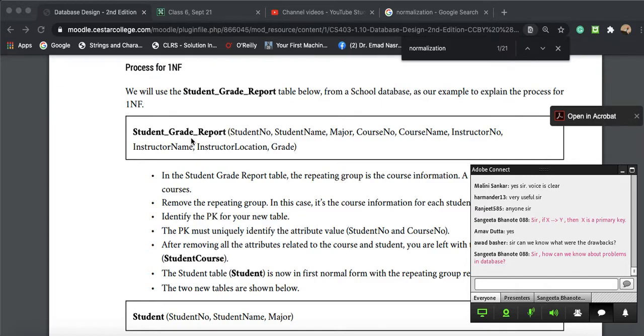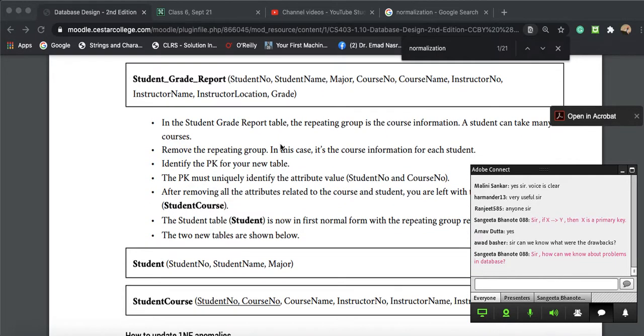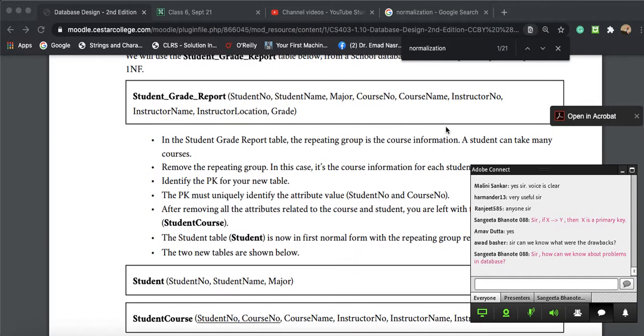Attributes are student number, student name, major, course number, course name, instructor number, instructor name, instructor location, grade. Okay? In the student grade report table, the repeating group is the course information. A student can take many courses.